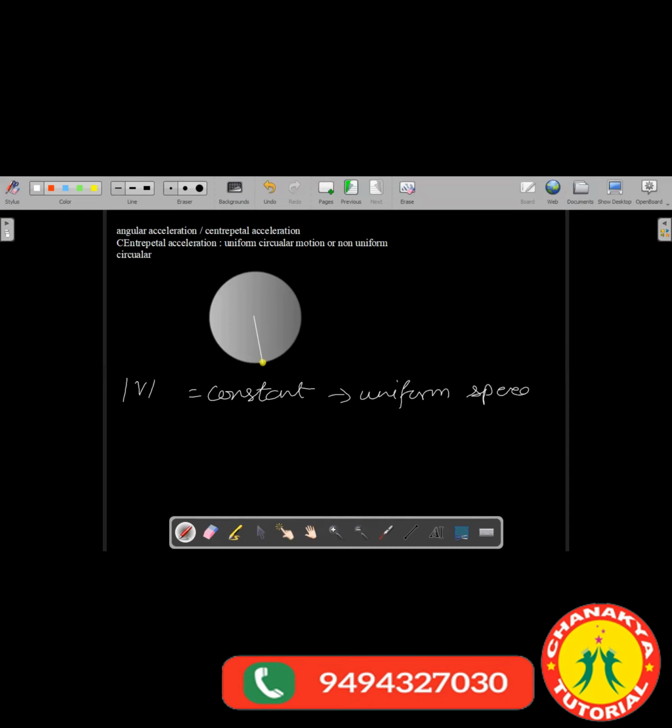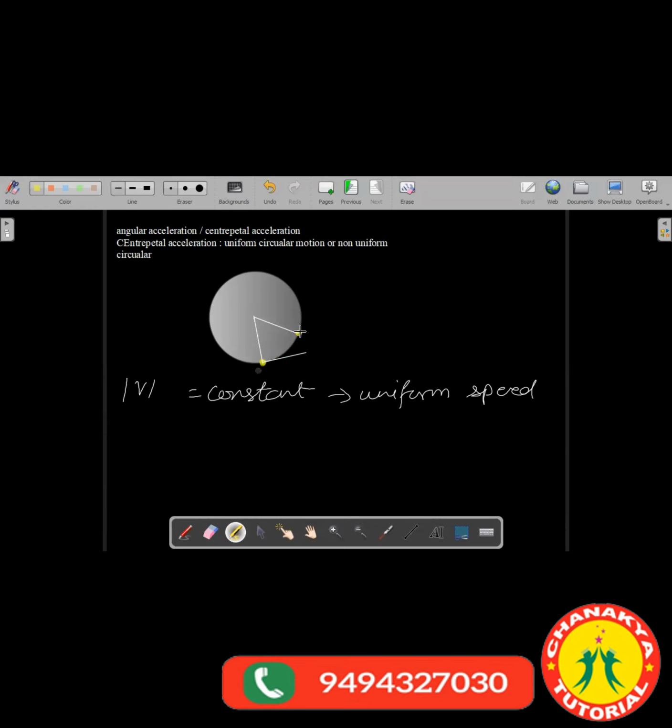Now we observe that at every point the direction of the velocity changes. When the object is at this point, the direction of velocity is along this direction.